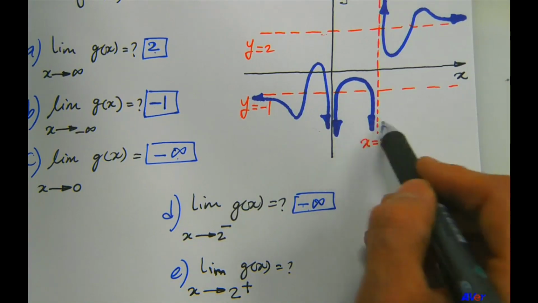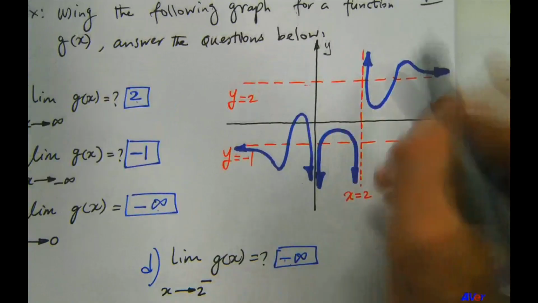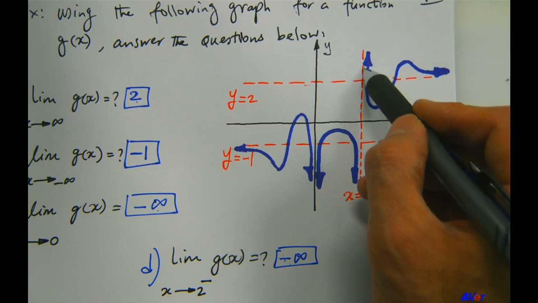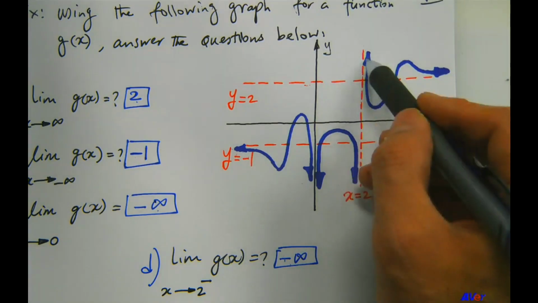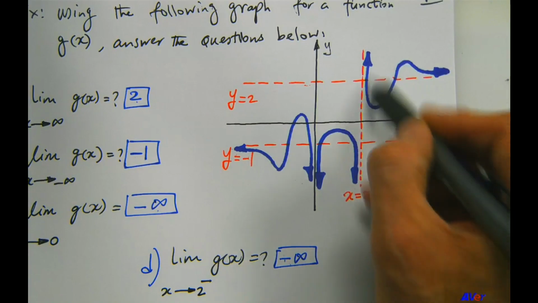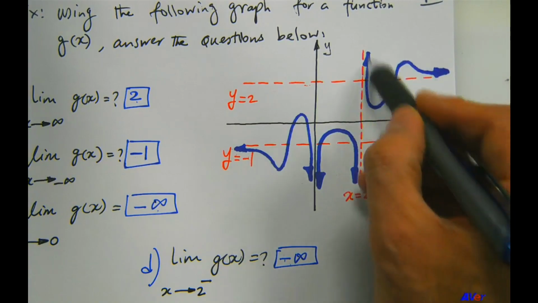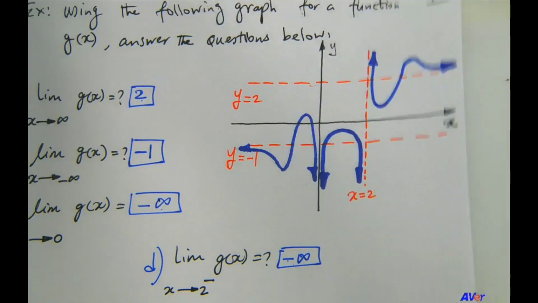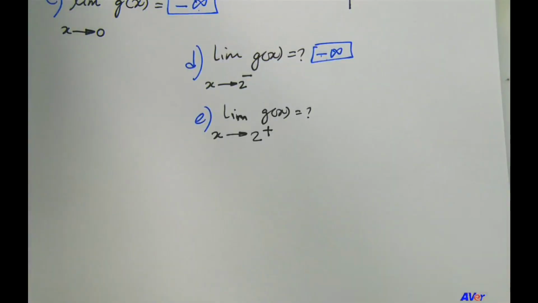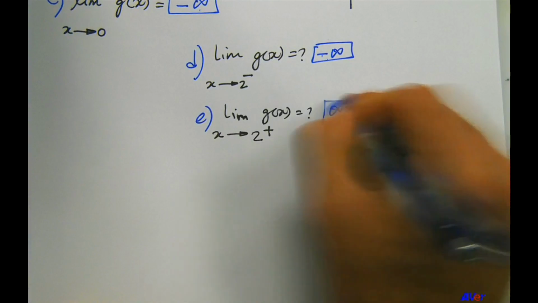No, that's from the left. So where is from the right? From the right is right here. This piece of the graph approaches x equals 2 from the right. So what happens to the value of the function, which is shown by this thick blue line? It is going towards positive infinity. Like that.